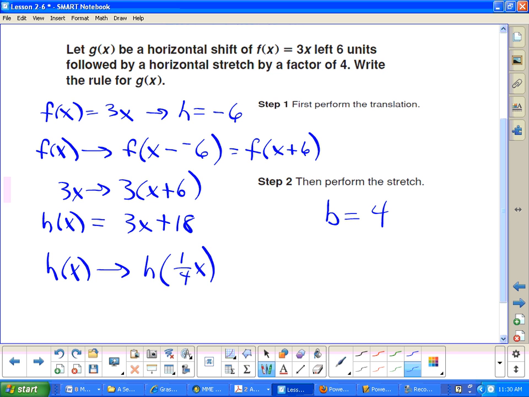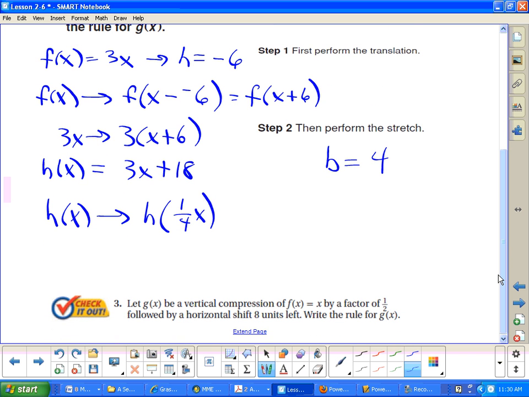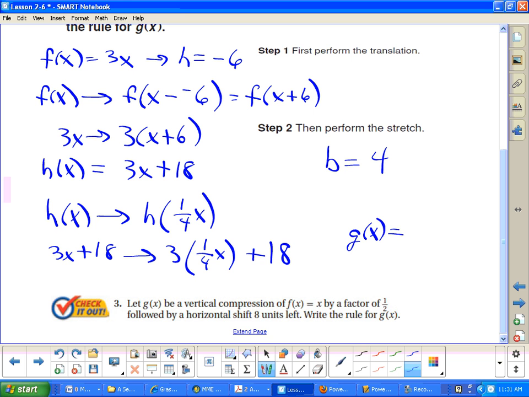So b is 4, so it's 1 over the value of b, which is 1/4. We take 3x plus 18, and it's going to become 3 times 1/4 x plus 18, because we're not changing the y-intercept. Horizontal stretch or compression does not change the y-intercept. So g of x will be 3/4 x plus 18.